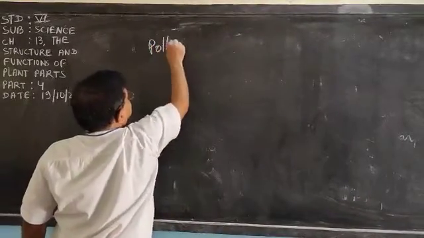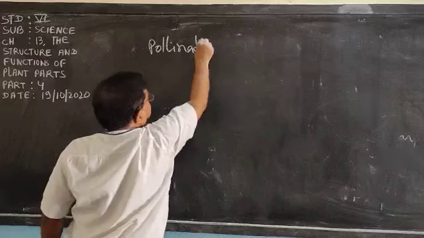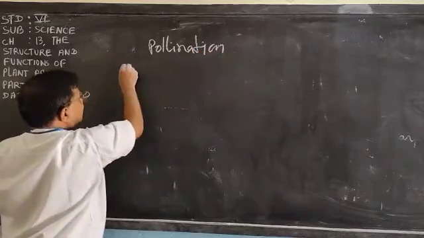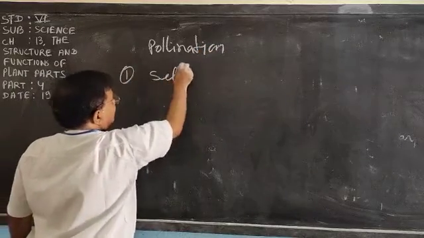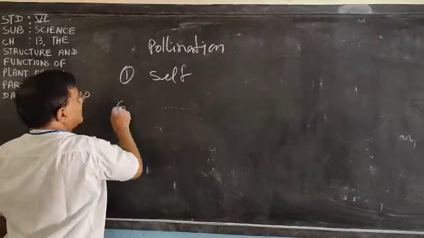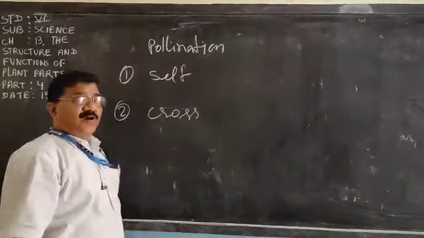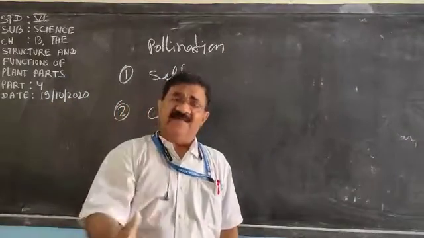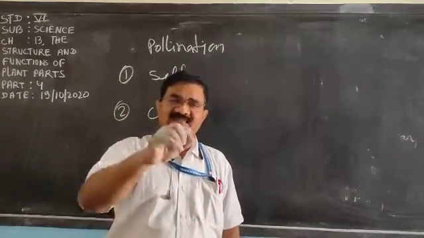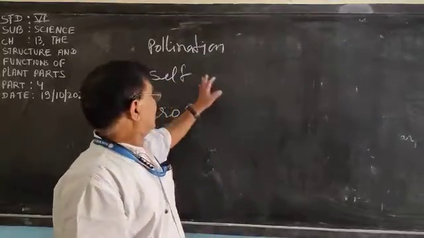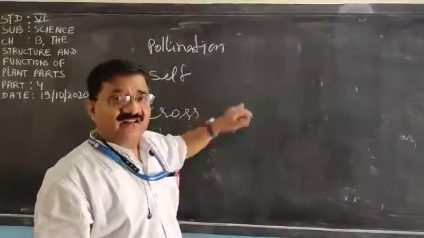Pollination is either self-pollination or cross-pollination. If transfer of pollen grain takes place in the same flower from anther to stigma, then that is called self-pollination.